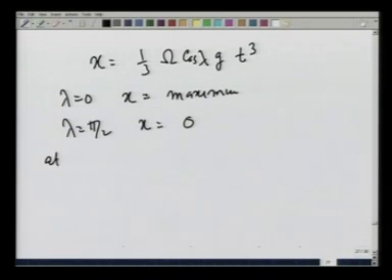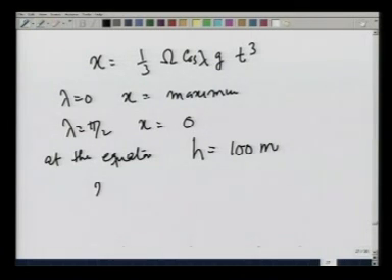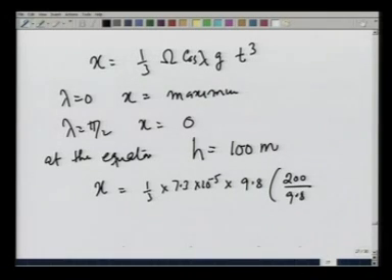So, at the equator, if a particle is dropped from a height of 100 meters, you can calculate x, which is 1/3, omega is 7.3 times 10 raised to minus 5 times cosine lambda is 1, g is 9.8, this is going to be 200 divided by 9.8 raised to 3/2, that is the time cubed, and this comes out to be 2.2 centimeters. So, you can see the effect is small but significant.